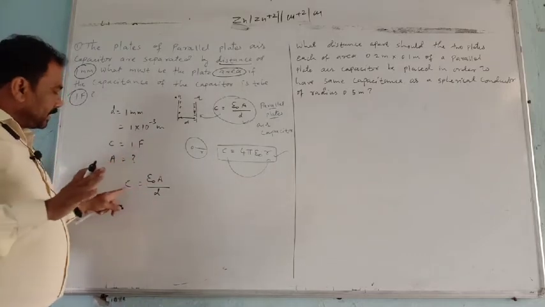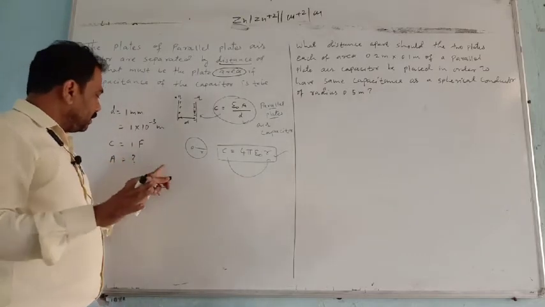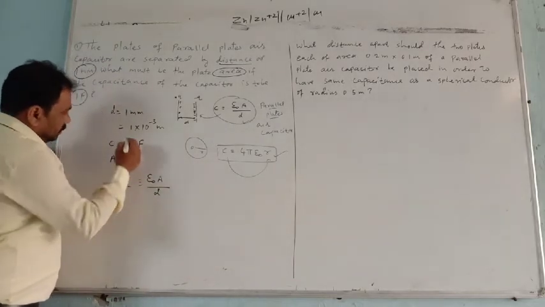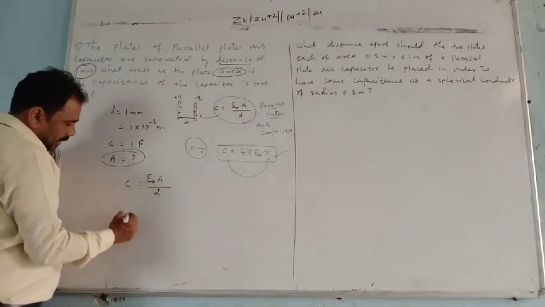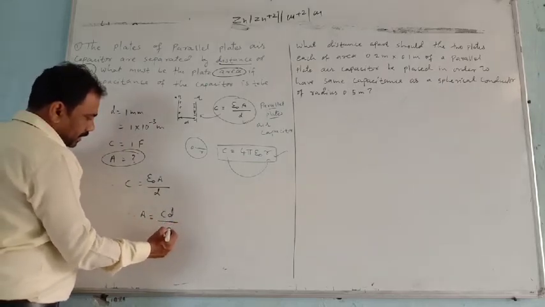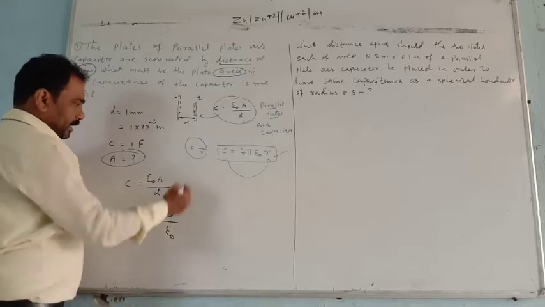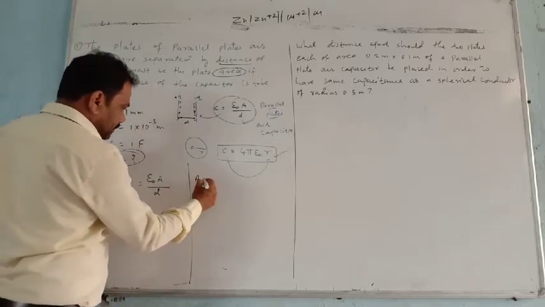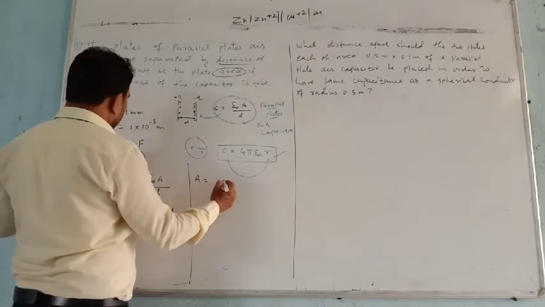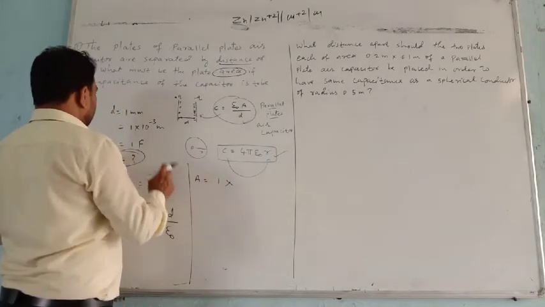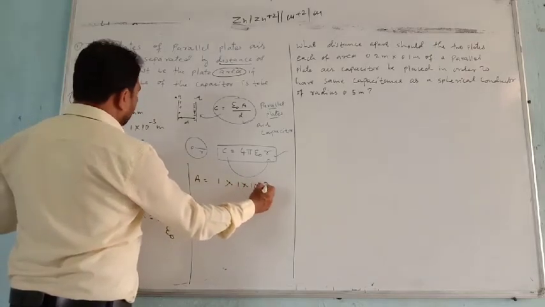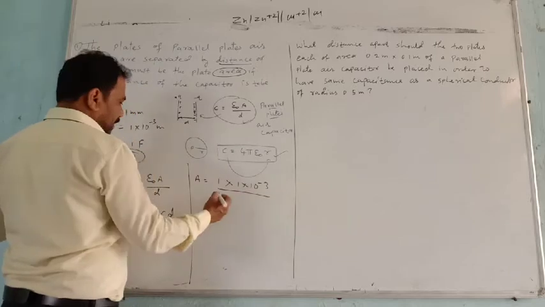In this case the capacitance should be epsilon naught A upon d. So here we have to calculate the area A, which becomes C d upon epsilon naught. After putting in all the values, A is equal to the capacitance, 1 farad, multiplied by the distance, 1 into 10 to the power minus 3, upon epsilon naught.